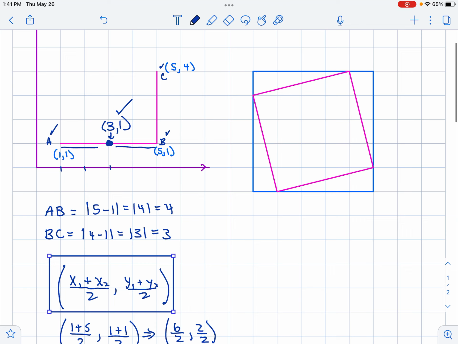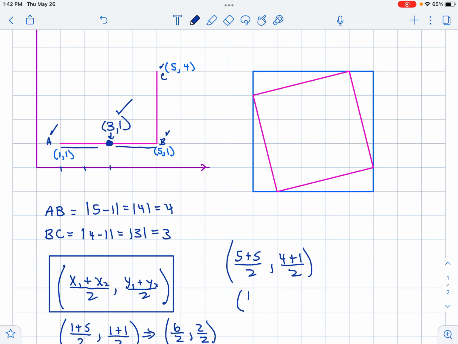Now we could do the same thing for BC. We know the length here is 3. So here's what we do. For BC, the midpoint would be 5 plus 5 over 2, and then 4 plus 1 over 2. See? You average your x's and you average your y's. That's all there is to it. Okay, so let's see what we get here.